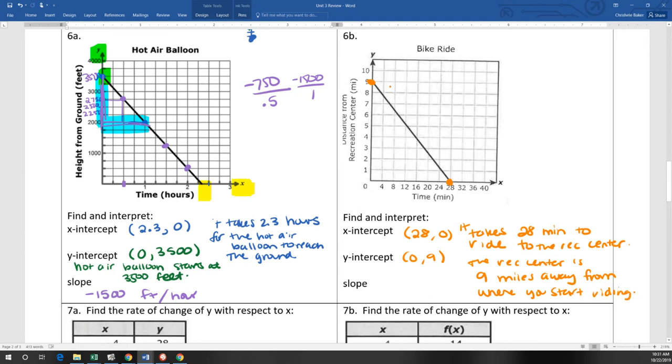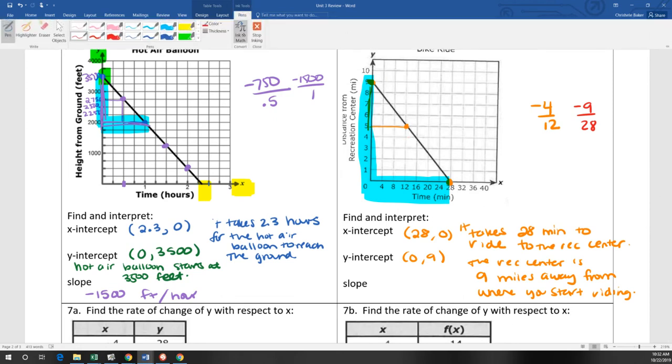Okay, and our slope, let's find some good points here. I see there. So that's down 4 over 12 minutes. I could look at the triangle as a whole, down 9 over 28. Let's see if those are equivalent. Not quite.